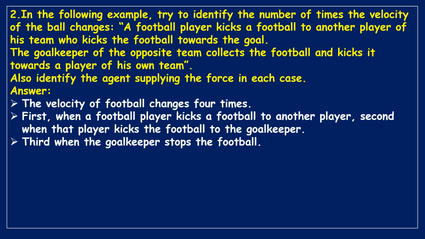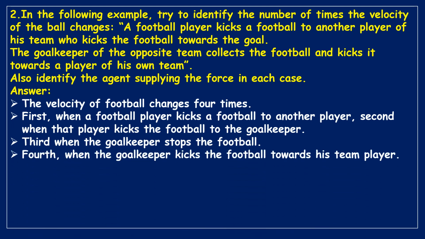That is the third one. And fourth is when the goalkeeper kicks the football towards his team player. So here, four times the velocity of the ball changes, the direction of the ball changes, the acceleration of the ball changes, and momentum also changes four times.